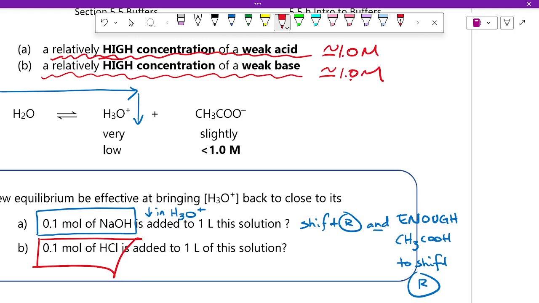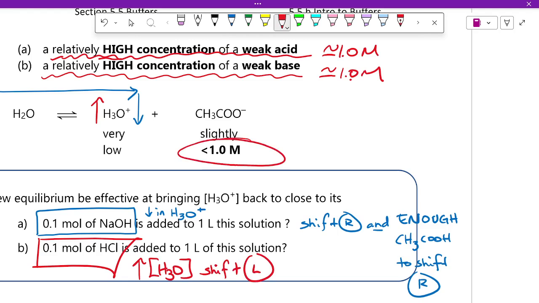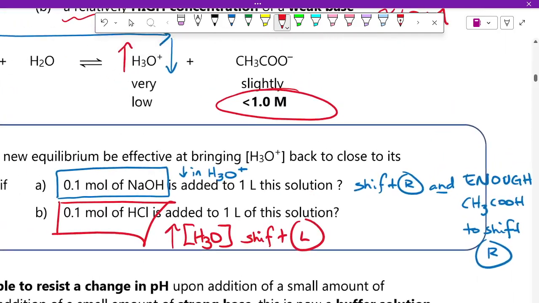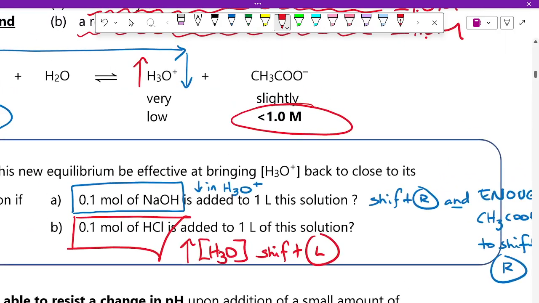If we add some HCl to that solution, what does that cause? It causes an increase in the concentration of H3O+, which is going to cause a shift left. And this time we don't have a small concentration here. We now have a pretty large concentration of acetate. So can we shift to the left? Yes.